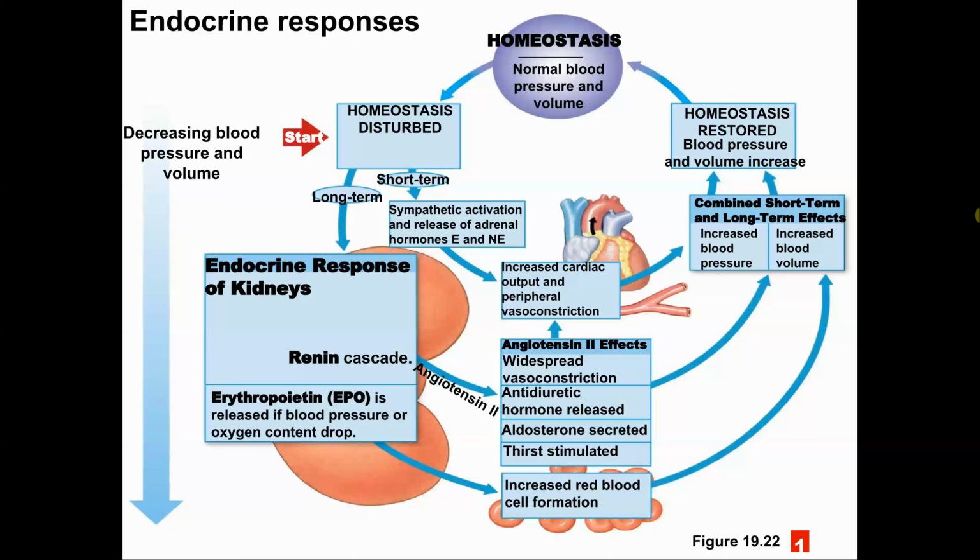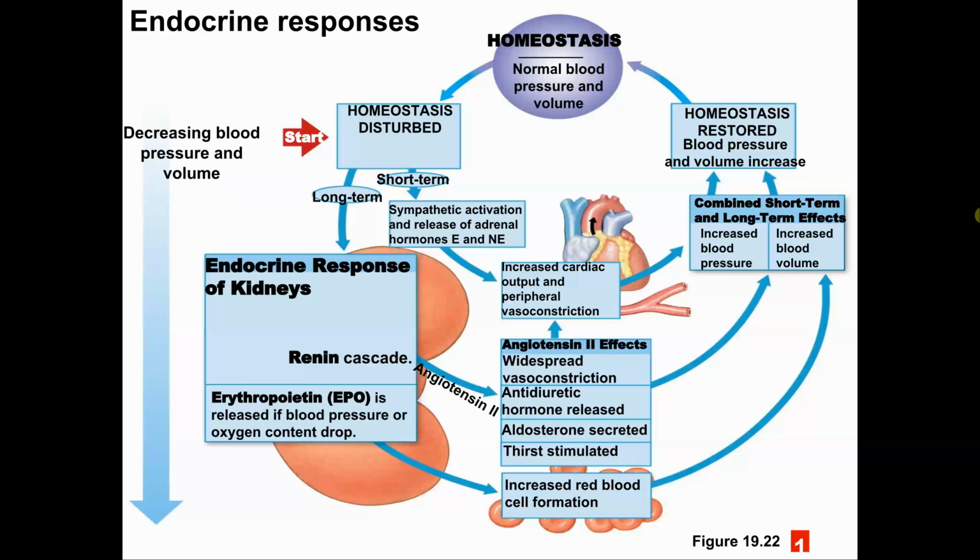So we're getting those cells closer to threshold. That's what those hormones are doing. And then they're more likely to contract. So that's going to increase our heart rate, which is going to increase our blood pressure. And then also cause peripheral vasoconstriction. So then if that's still not enough, we bring in the kidneys.